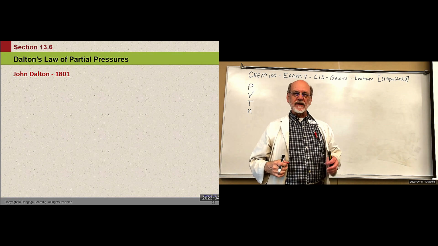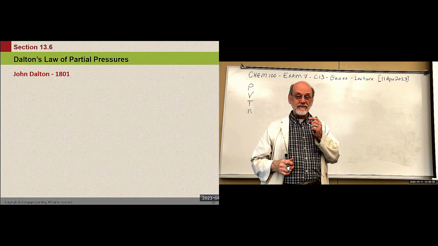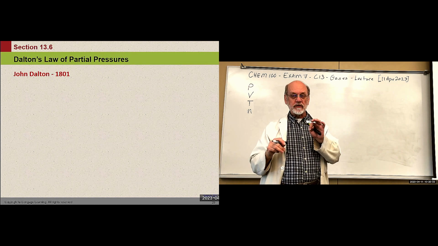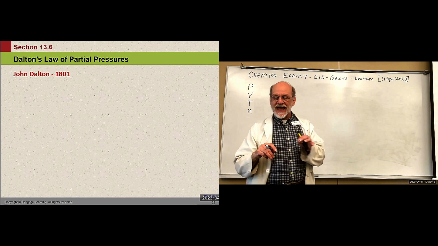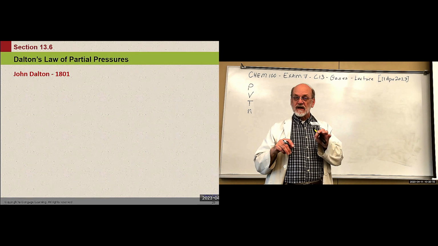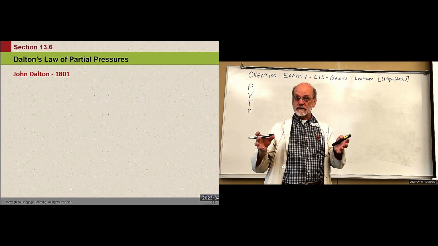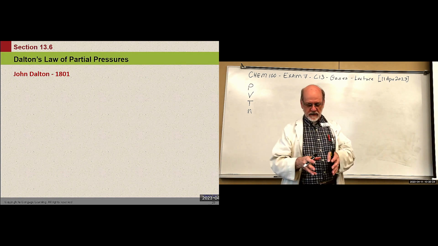Now we want to look at what you do if you have a mixture of gases and you want to say something about the mixture. This is important for chemistry because when we conduct reactions in gases, the mixture of gases is going to change very often. You may have a certain number of moles of this gas and a certain number of moles of this gas.